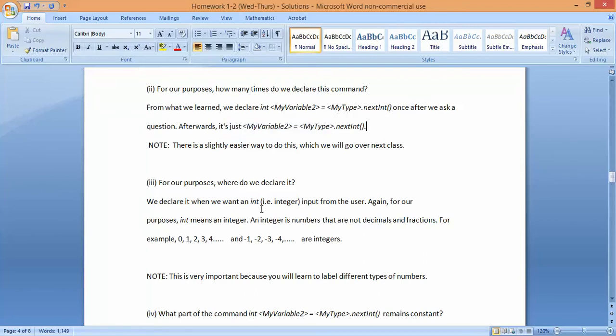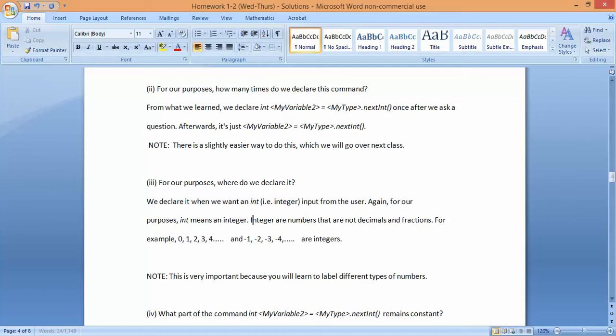So when we want an input from the user, and int means integer. An integer, this is very, very important, so you got to pay attention.